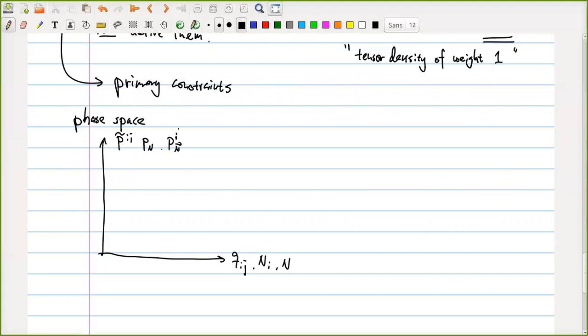If you view these, those are coordinates in the phase space. So phase space is also a manifold, but an infinite dimensional manifold. Those q and p's are coordinates, and also they are functions on phase space.